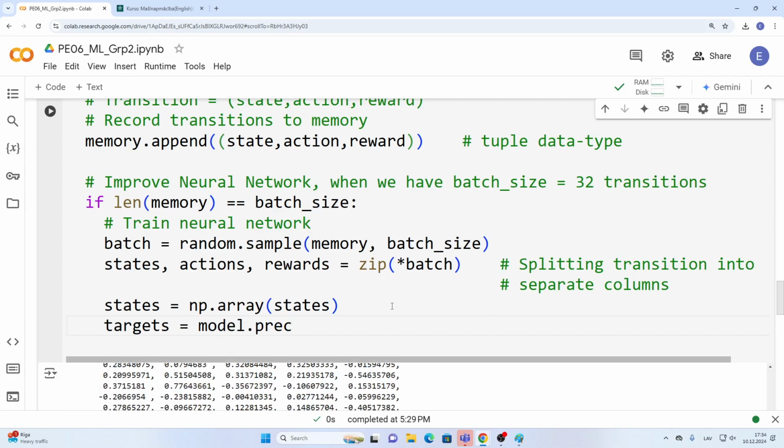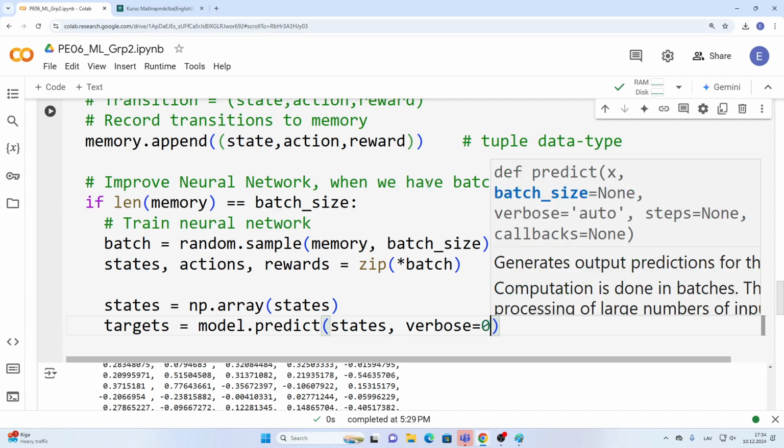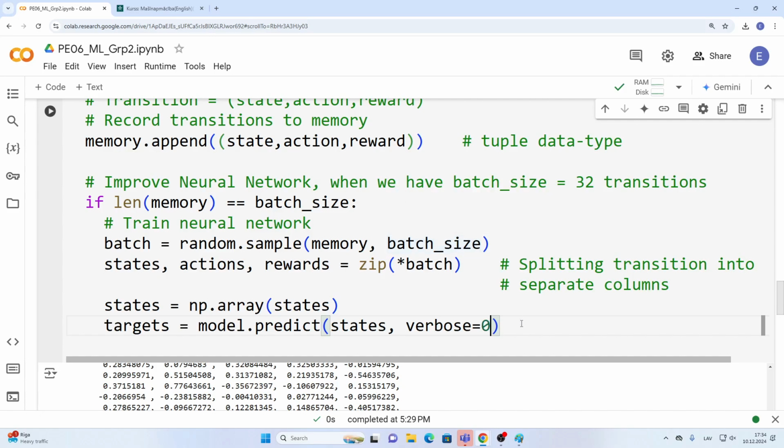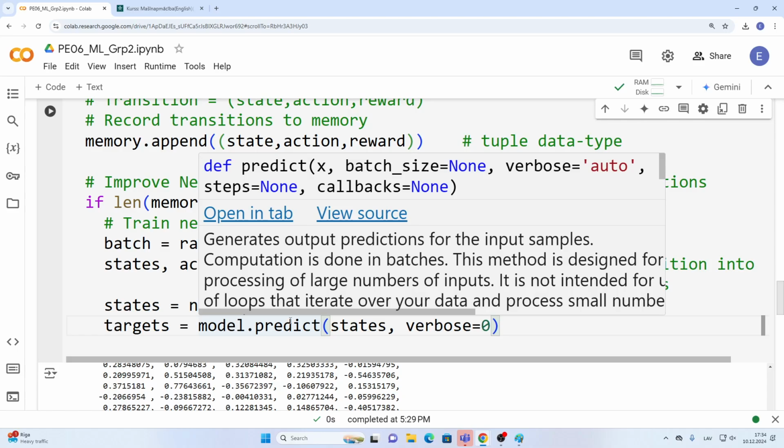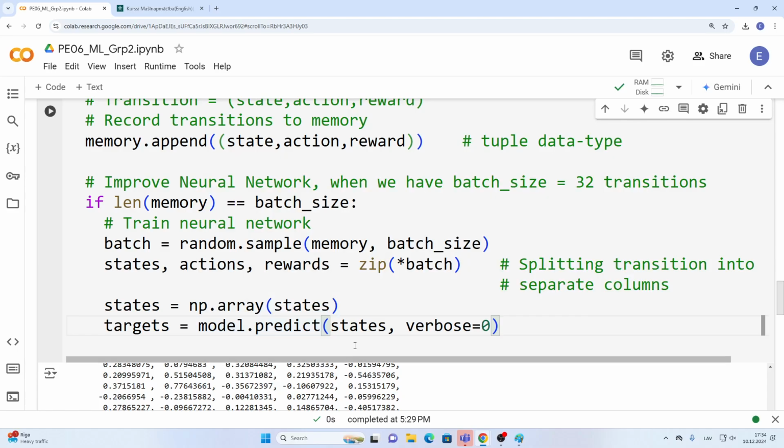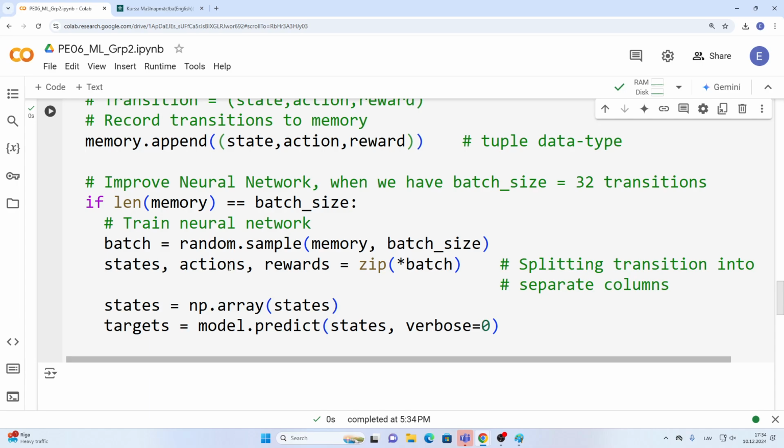Model predict states, verbose 0, means it does it silently without spamming our command line, where sometimes a lot of stuff goes on that we don't necessarily want to see. And that is it. Whenever it gets 32 transitions, it makes the neural network's predictions for these 32 transitions and calculates targets, which are Q values as we discussed.